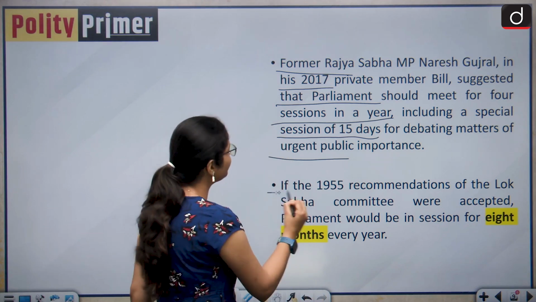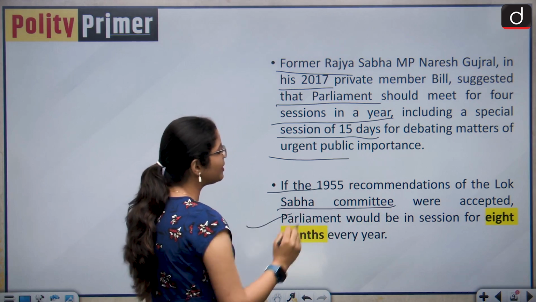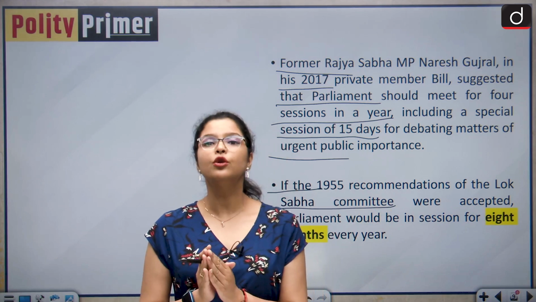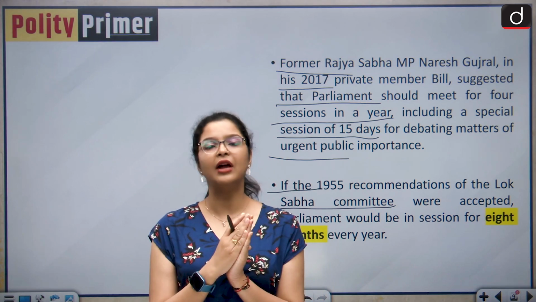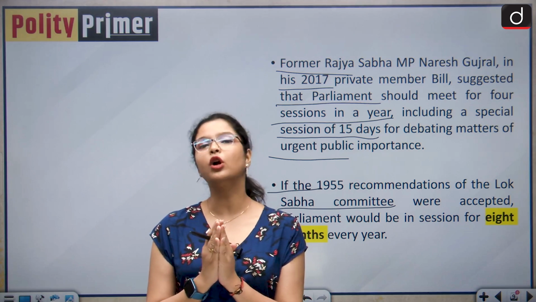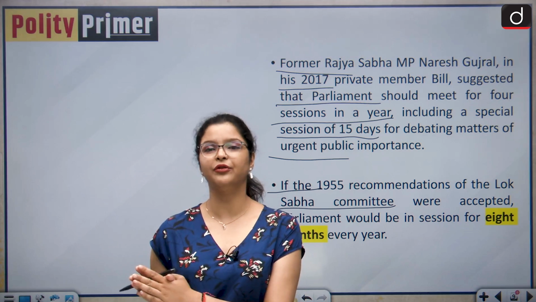If the 1955 recommendations of the Lok Sabha committee were accepted, Parliament would be in session for 8 months around the year. I was discussing this before also, that the government agreed but did not implement the recommendations of the Lok Sabha committee that were made in 1955.